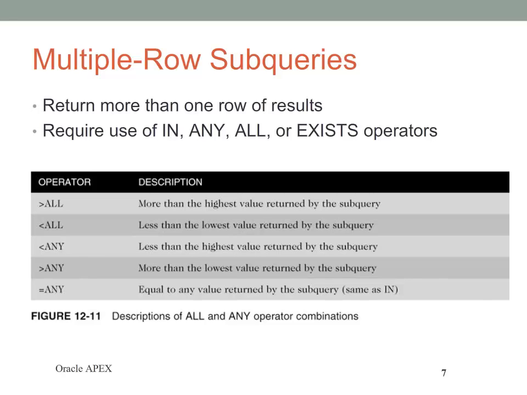Multiple row subqueries generally return more than one row of results. And notice this distinctive mark. They require the use of in, any, all, or exists operators, else you'll get an error.